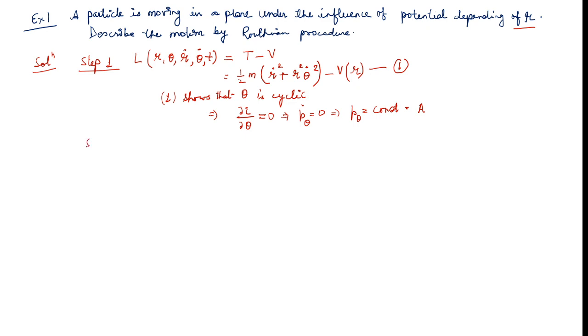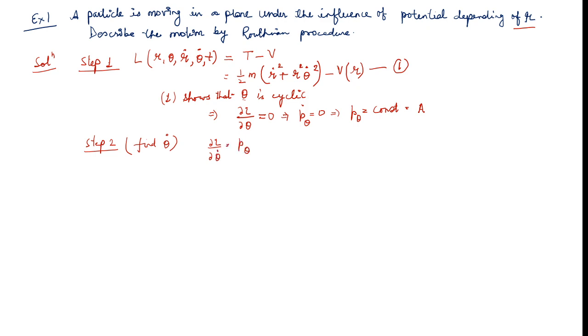Now you should proceed with step 2. In this step, whatever is your cyclic coordinate, you try to find its corresponding velocity. That means our aim is to find what theta dot is. For that, we'll use another relation, ∂L/∂θ dot.